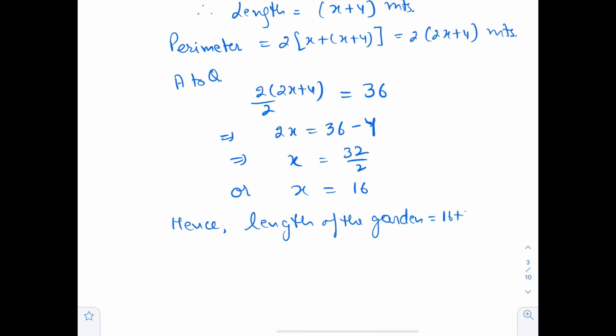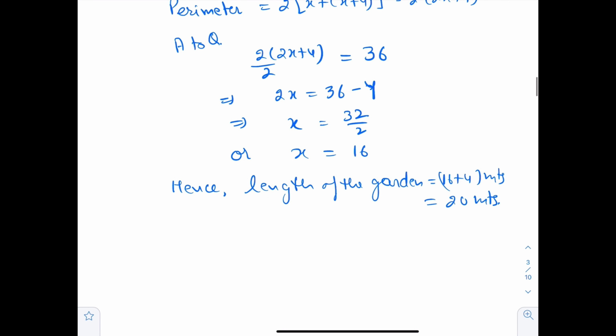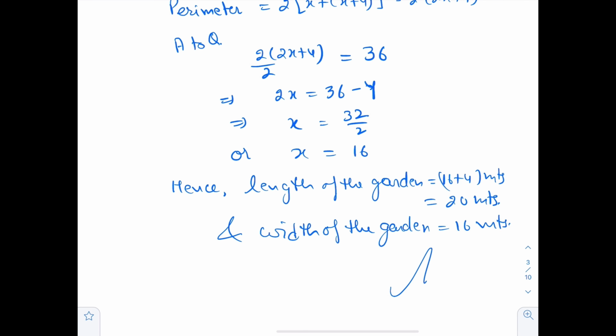So 16 plus 4 meters, or equal to 20 meters, and width is x, width of the garden equal to 16 meters. So this is our answer. Clear?